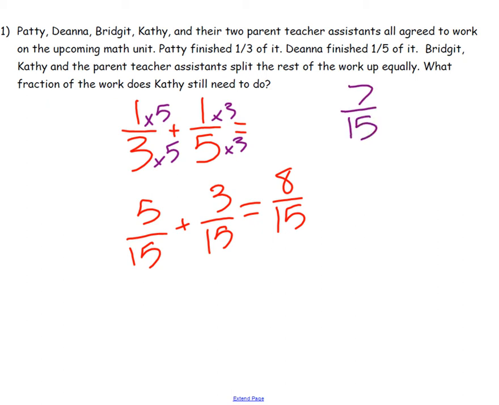How many people do we have to work on that? 4, because we already used up this girl and Patty. So that leaves these 2 and these unnamed others. 4 people. So how do you split up work between 4 people? What operation is that? Divide. We divide by 4. Okay?